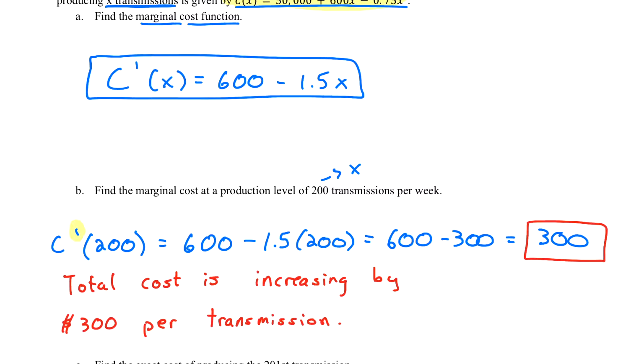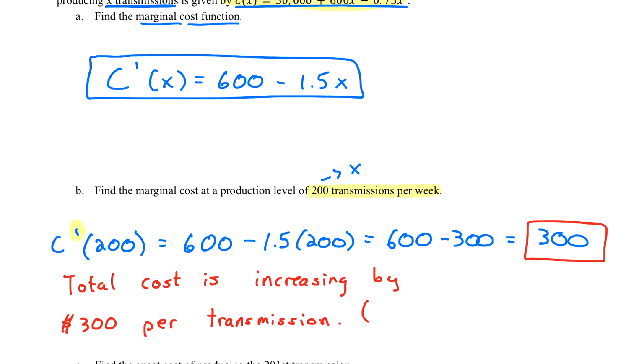Now, one thing I didn't mention here, and I should have, is that this all depends on your production level, how many transmissions or how many units you're producing per week or per day or per month.